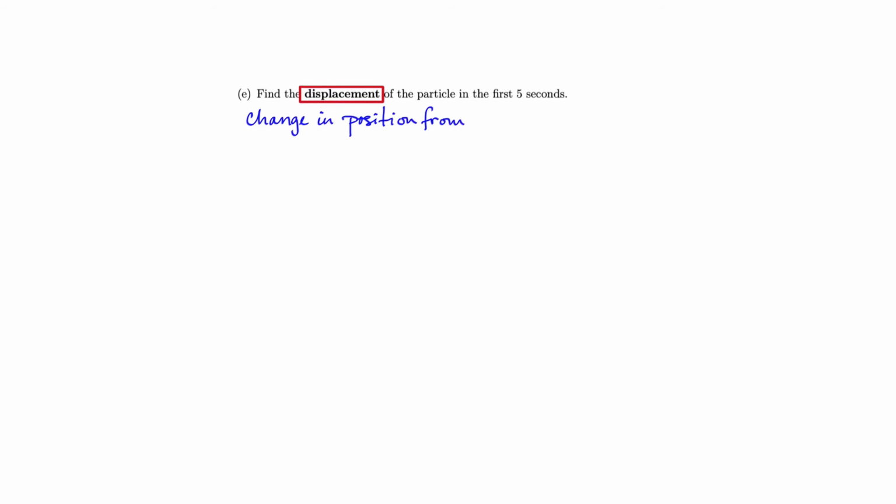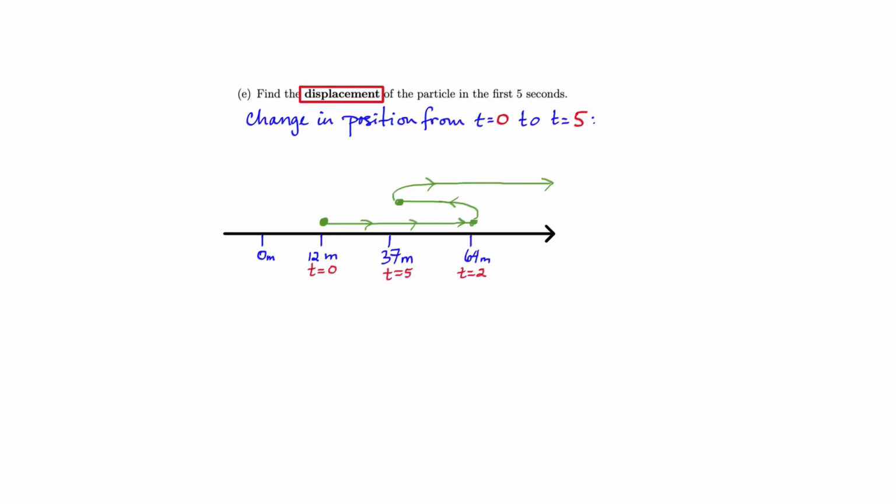It just means what's the difference in its position at t equals 5 from t equals 0. So here's the diagram that we drew before. So notice from t equals 0 to t equals 5, it goes from 12 meters to 37 meters. That's the displacement. That's the change in position.